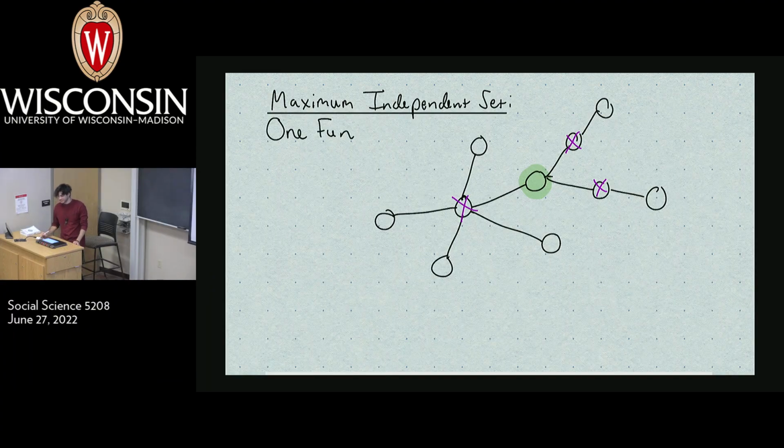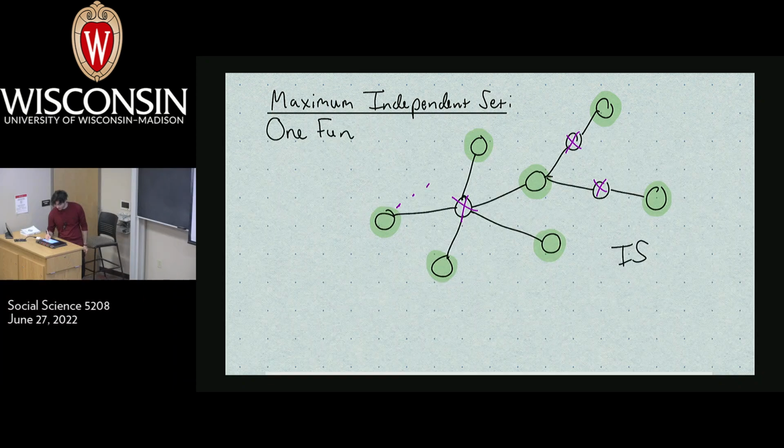You can think of this as a hatred graph. Two things are connected if they hate each other, and so you don't want to include any pairs, anything connected. So for example, that's an independent set. Nothing in the set has an edge between anything else in the set.